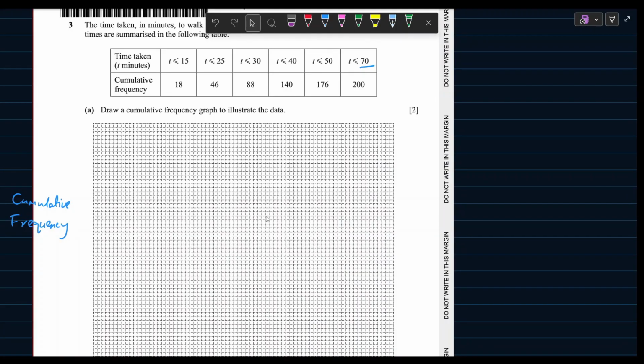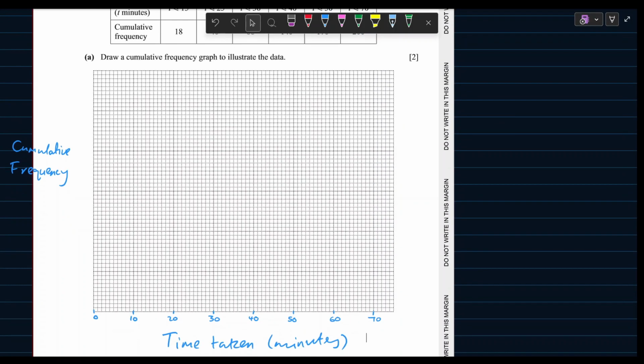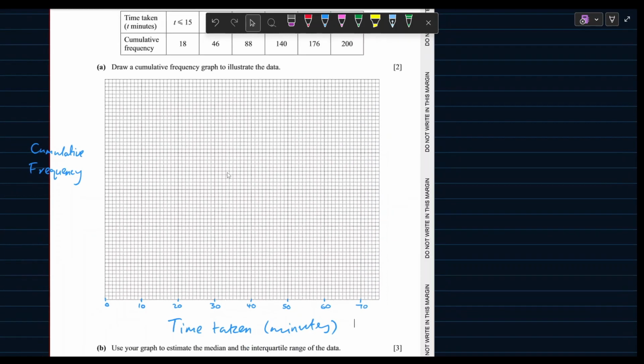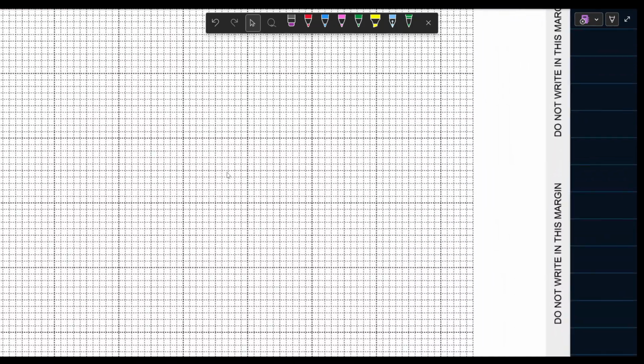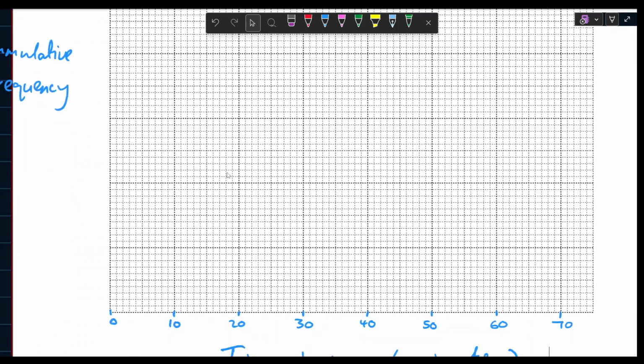All right, let's zoom out. And then we need to create a scale for the y-axis. So in the cumulative frequency axis, we're going up to 200. Let's see how many boxes we've been given in the y-axis.